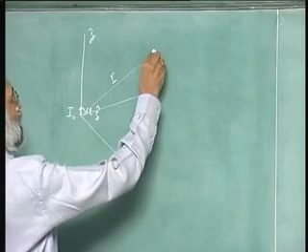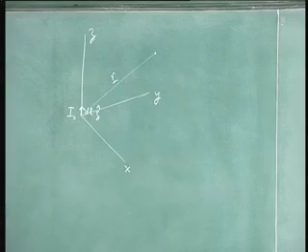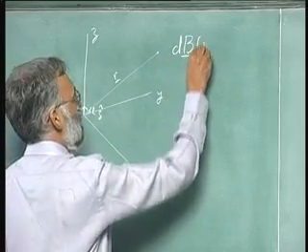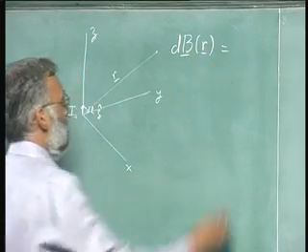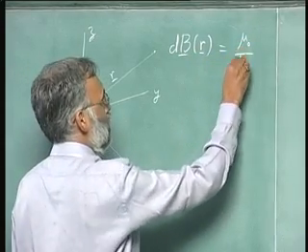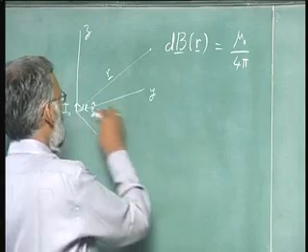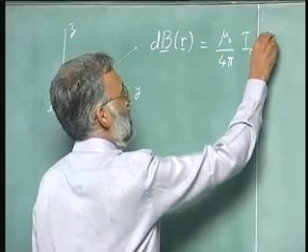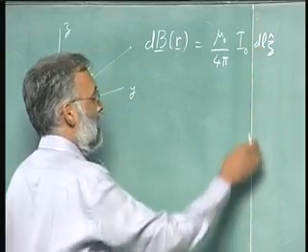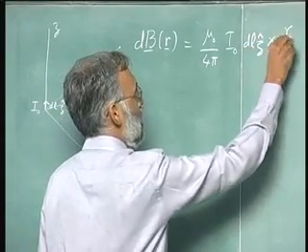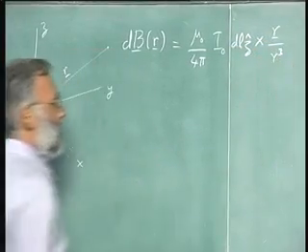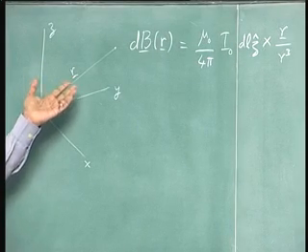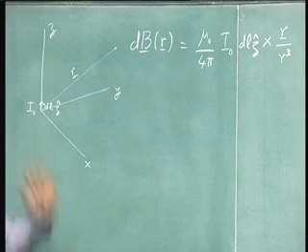This is r, then the magnetic field at this point, dB of r, is equal to mu naught over 4 pi times this current element I naught dl along z cross r divided by r cubed. This is just the fundamental starting equation we had.